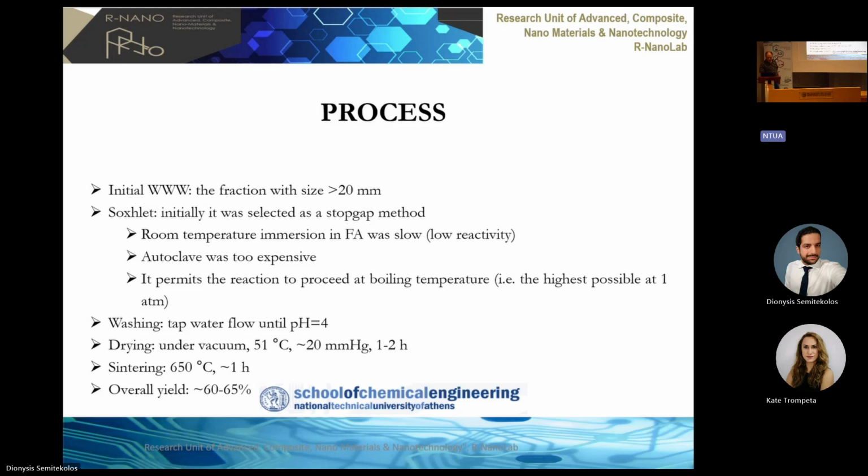The overall gain was the result of the amount of inorganics on top of the fibers. Generally, even with the other methodologies we used, solvolysis or pyrolysis or thermolysis, this overall gain, around 60%, was due to the material we used.